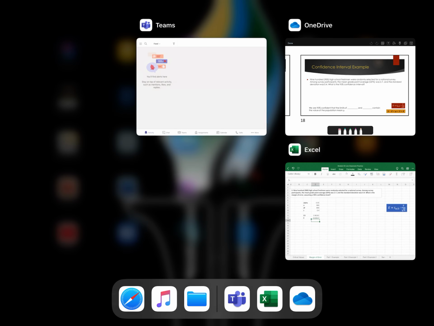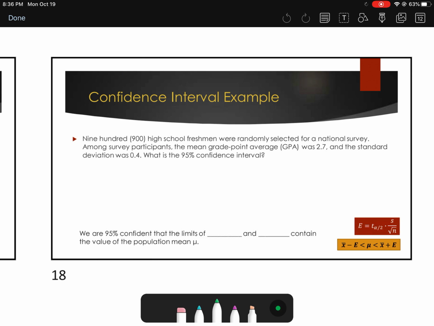So here, in this case, my x bar, let's identify some things. My mean, in this case, in the sample was 2.7. And we found our error here. It'd be 0.026.